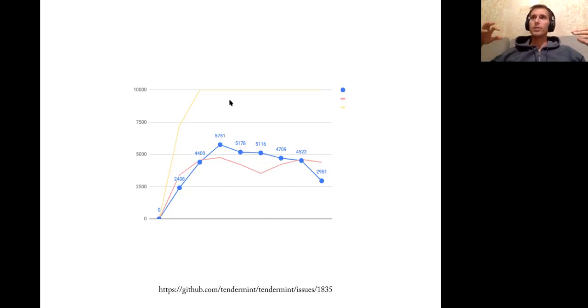We used to have a very big mempool, so with every block you also need to recheck all the pending transactions, and this adds some amount of time. So we fixed TM bench and we also limited the mempool, but the core issue did not disappear. Although the curve was not so steep, there was still this performance degradation.